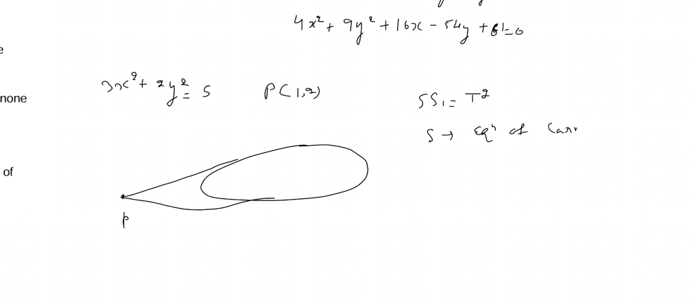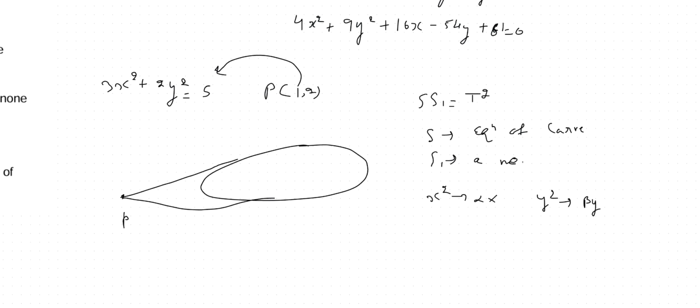S1 is a number. What is that number? If you substitute this point in this equation, whatever you get, that is S1. And T, as you already know, x square will become alpha x and y square will become beta y. If you have been following the previous lectures, then you will know this.